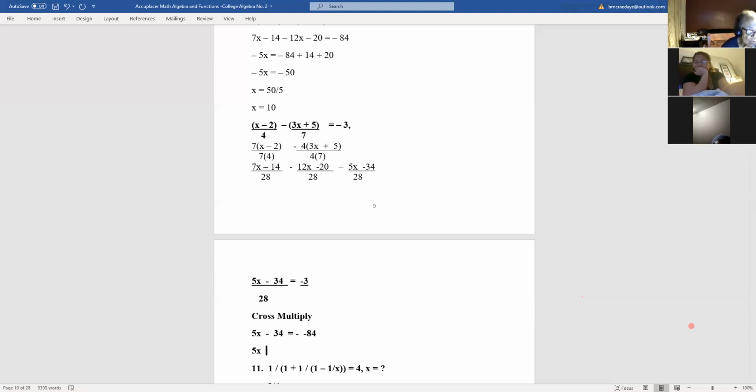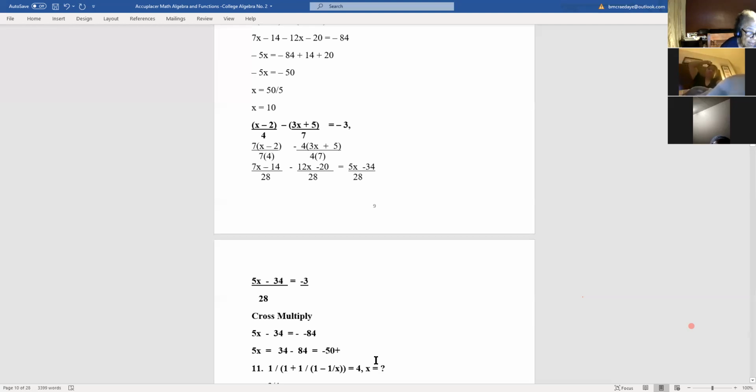Minus 34 moves over and becomes a plus 34, because remember I'm moving it over. So this is going to be 34 minus 84, which is equal to minus 50.